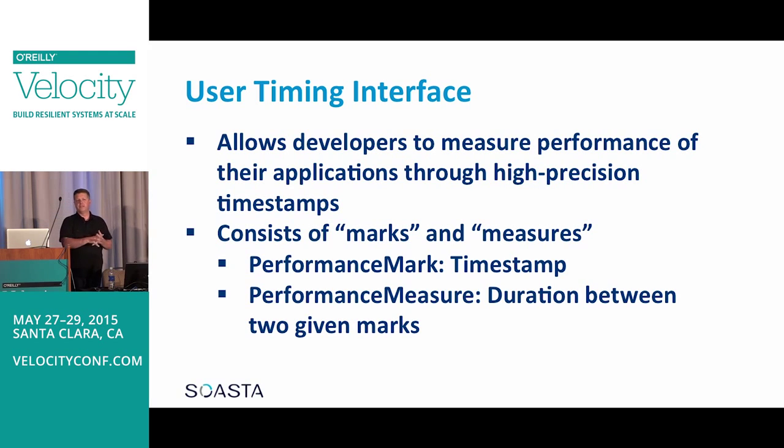However, the user timing interface, the third thing that I'll mention today that was given to us by that performance working group, allows us to actually go through and set performance marks that we know about. So you're an application developer, you know your code, you know what it is you want to measure. So now we've got this great interface where we can set high precision timestamps within our code when something's ready and measure that.